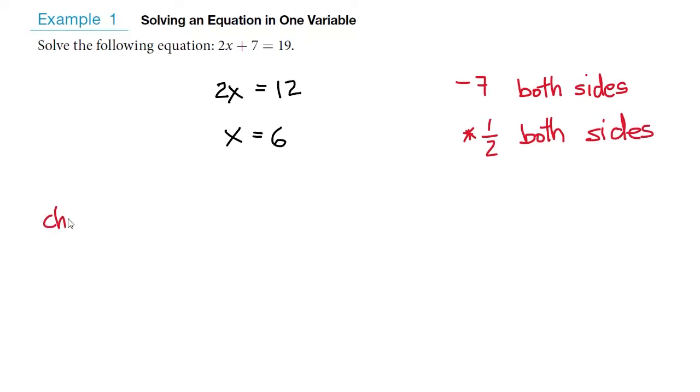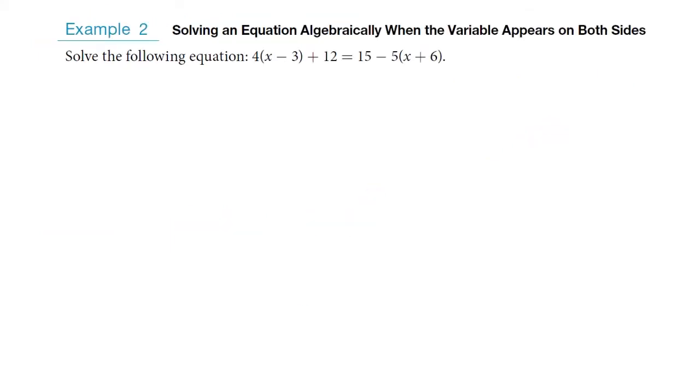And of course we could check this. We know it's true because 2 times 6 plus 7 does equal 19. In example 2, we are solving an equation algebraically when the single variable appears on both sides. We're going to solve the following equation: 4 times the quantity x minus 3, plus 12, equals 15 minus 5 times the quantity x plus 6.